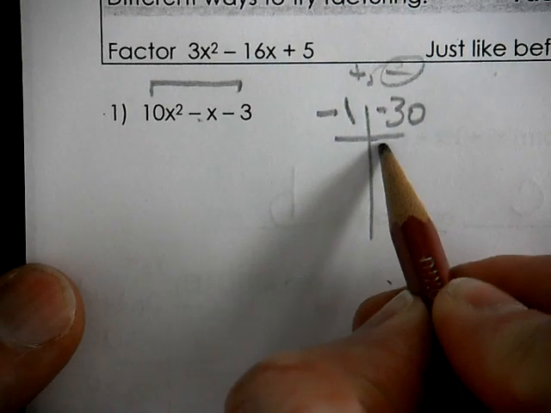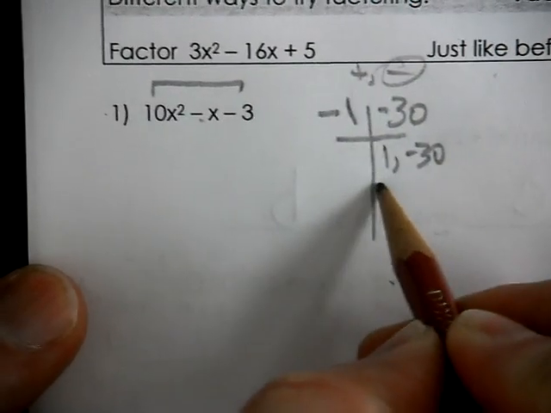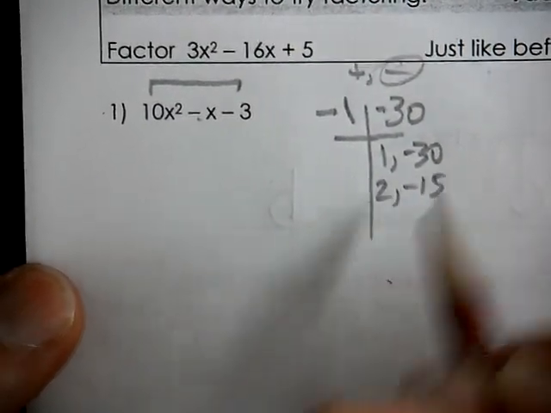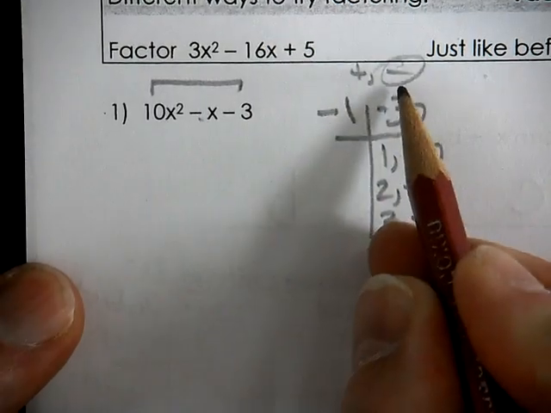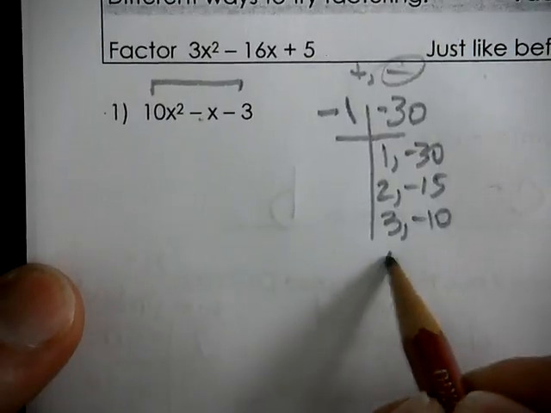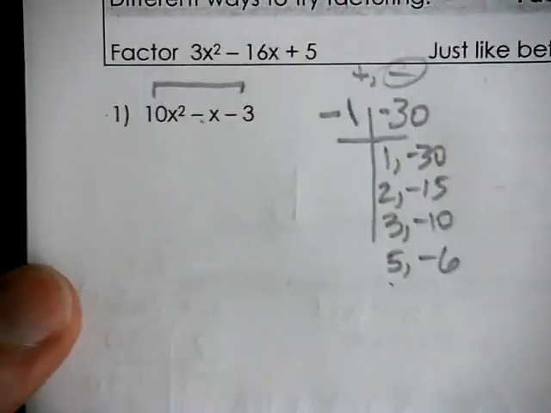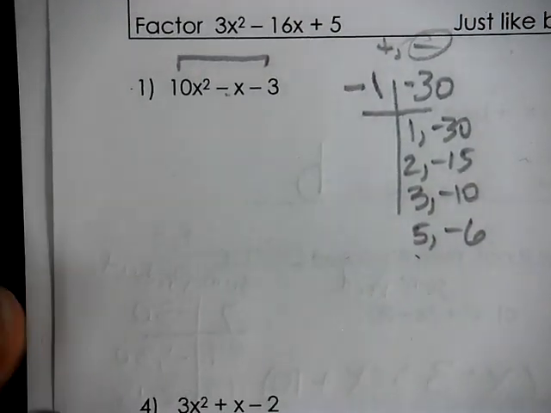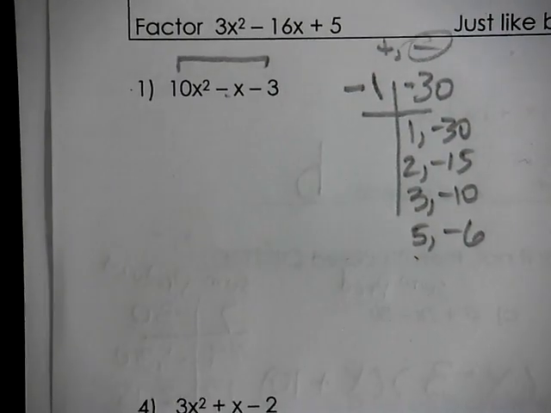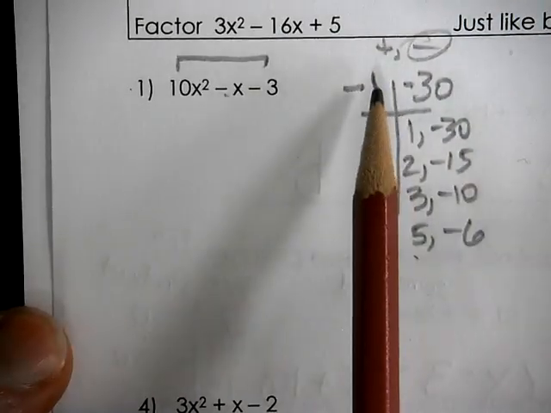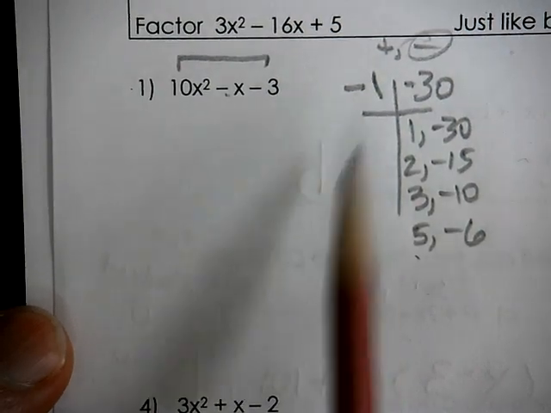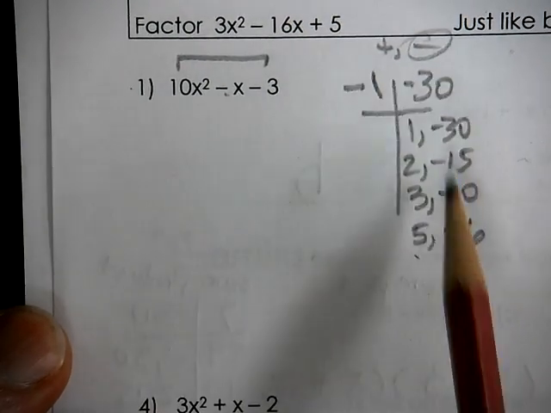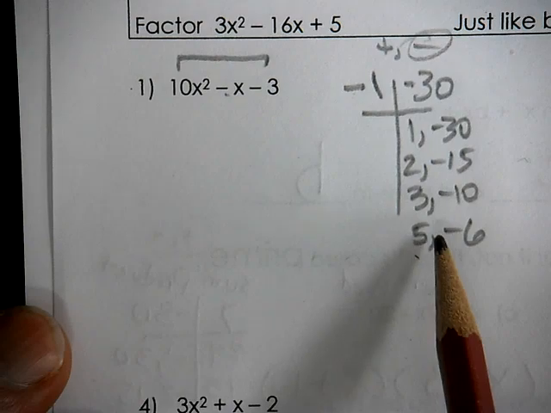So this is going to be 1 and negative 30, 2 and negative 15, 3 and negative 10, 4 doesn't go into 30, 5 and negative 6. Those are the only ways to multiply to be 30. There's an infinite number of ways to add to be negative 1, so that's why we don't work on that column. We only work on the multiples, because that's limited.